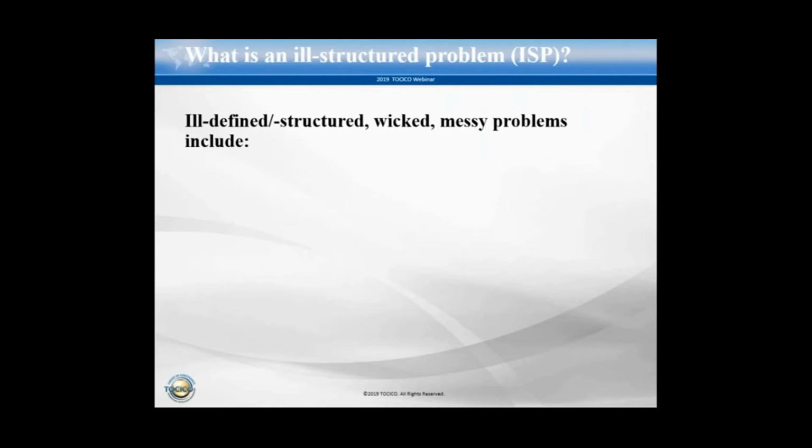If we look at the definitions provided in the literature, we find that these terms are really synonyms provided by different researchers to describe messy problems. They include healthcare. Many researchers talk about healthcare as being one of these problems. They talk about government being one of these ill-defined, wicked, messy problems.